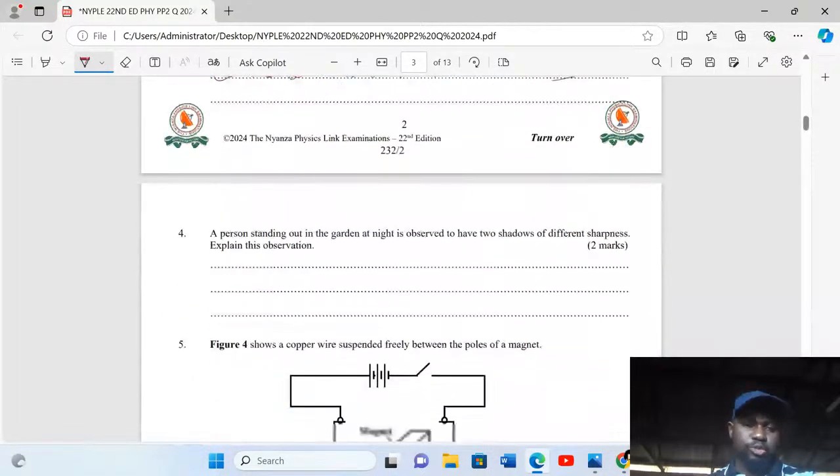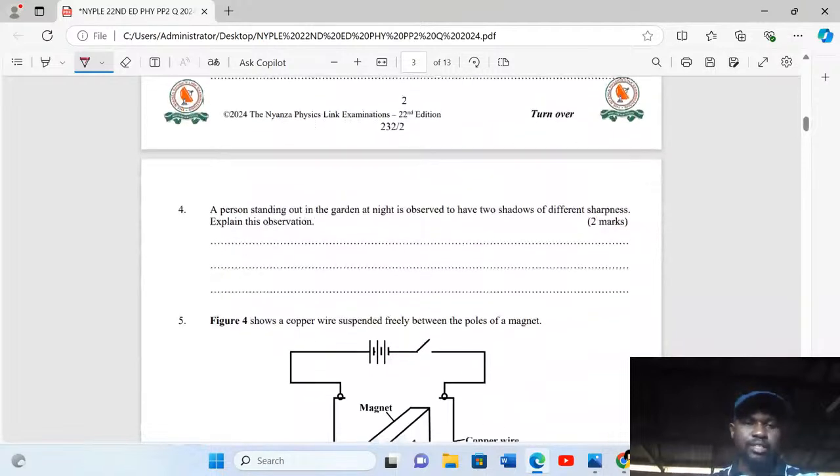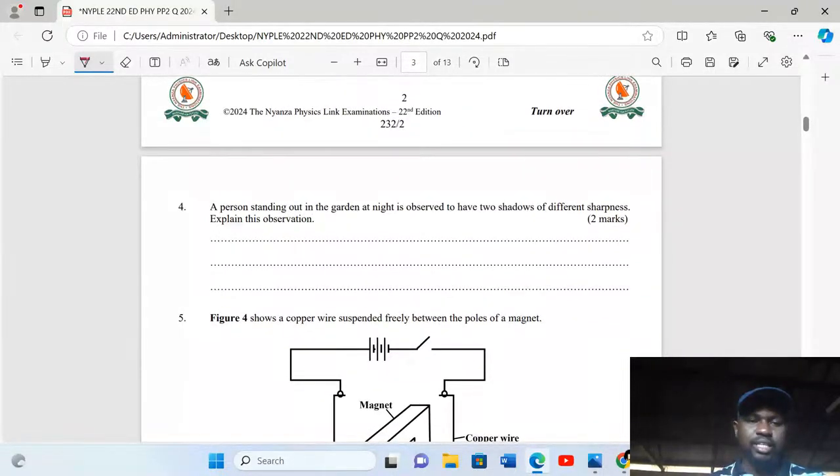We move on to question 4, where you are asked: a person standing out in a garden at night is observed to have two shadows of different sharpness. What brings about the issue to do with shadows? It is the blockage of rays.